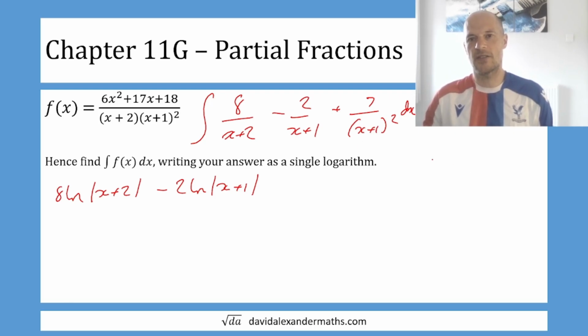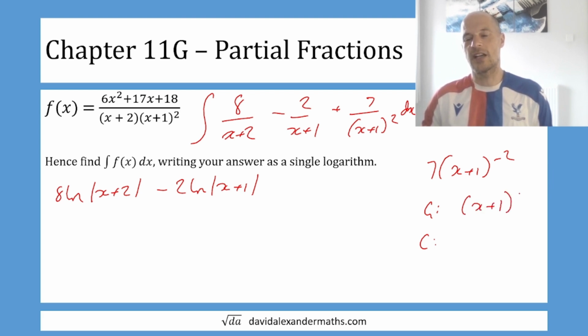So let's just write this as 7 lots of x plus 1 to the negative 2. So let's do a guess and check. Let's assume that it's x plus 1 to the increase the power by 1, so minus 1. Now let's differentiate. That would be minus 1 lot of x plus 1 to the negative 2. So we've got minus 1 and we wanted positive 7.